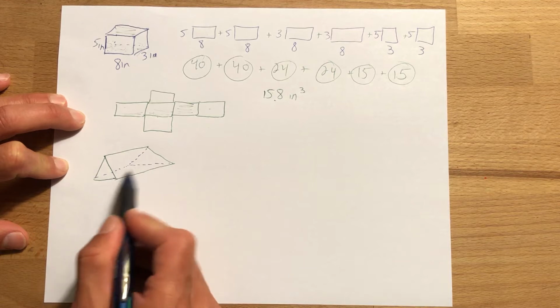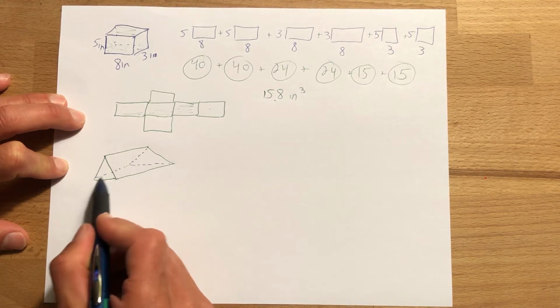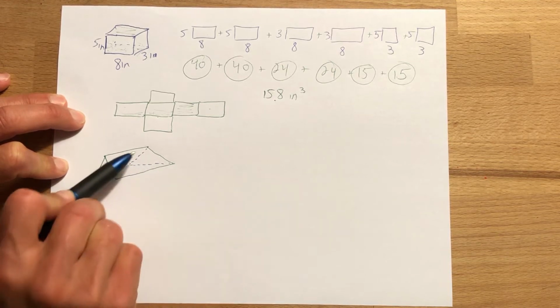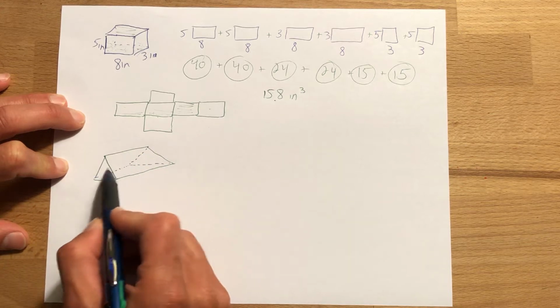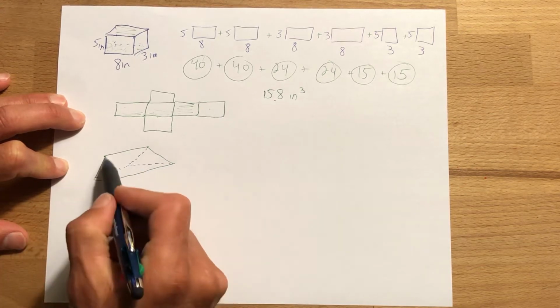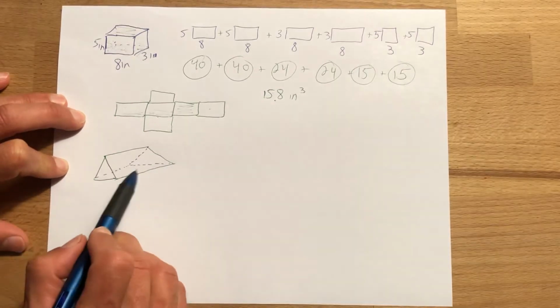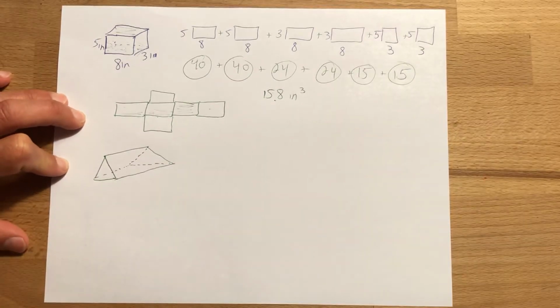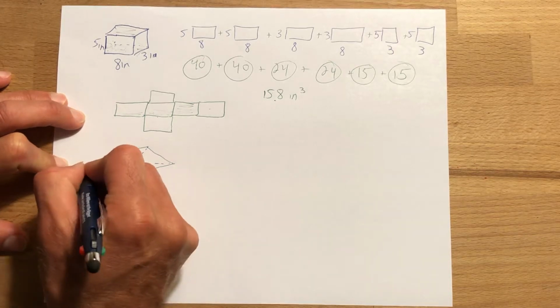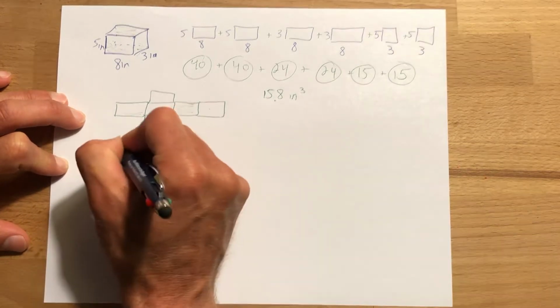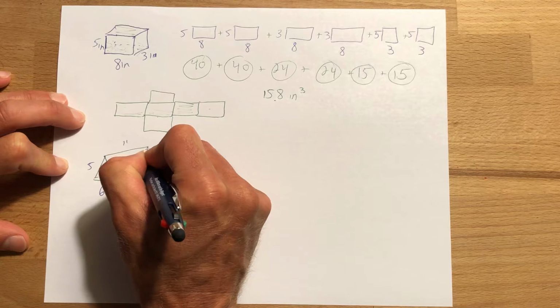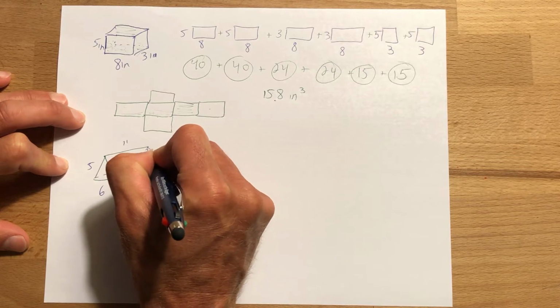There's a triangle here, a triangle here, and a rectangle here. You have two solid sides, this side and this side. There are 5 figures that create this shape. This is called a triangular prism. And I said this was 5 and this was 6, 11. The height of this was 4.